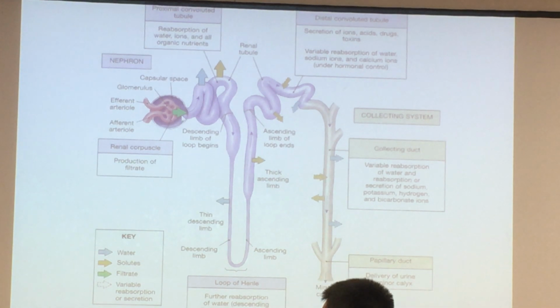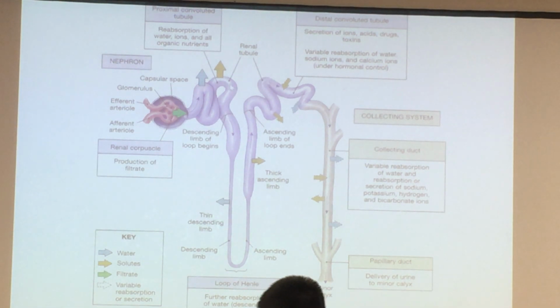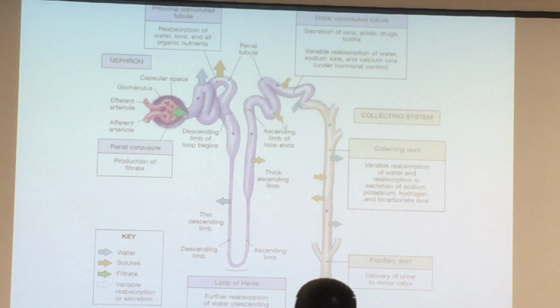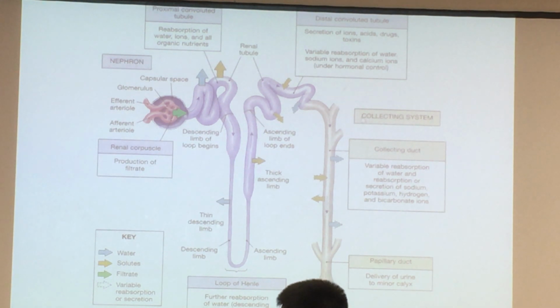For fluid coming out from the glomerulus, we call it filtration. Then taken out to the blood circulation, we call it reabsorption. Added in, we call it secretion.